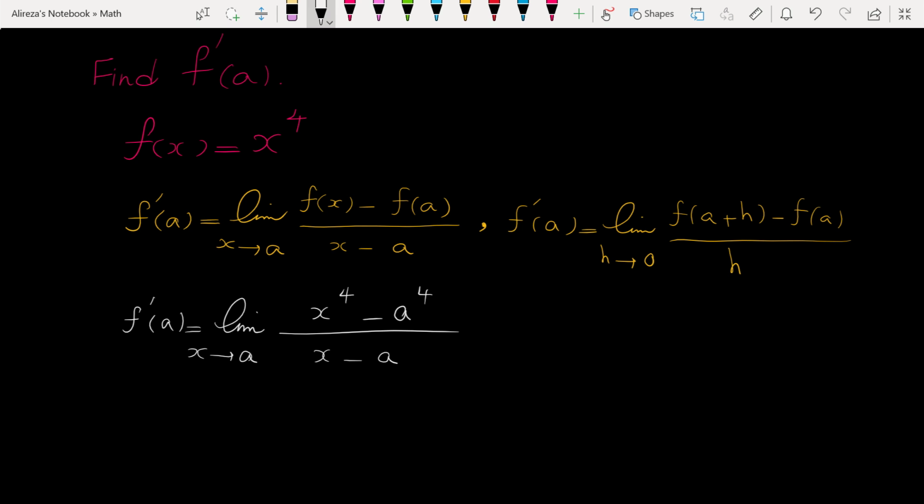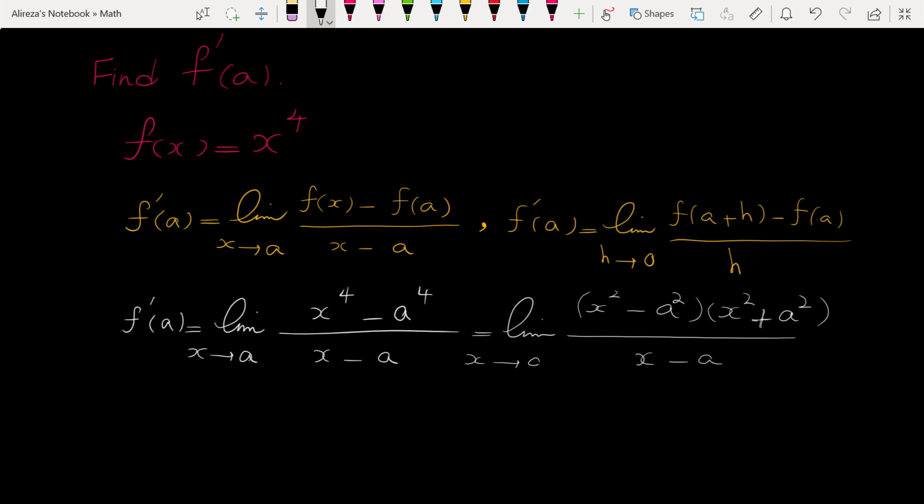For finding this limit, if you look at the numerator, we have x to the 4 minus a to the 4. We can use the difference of squares identity to factor the numerator like this: x to the 2 minus a to the 2 times x to the 2 plus a to the 2. We can factor the numerator this way.